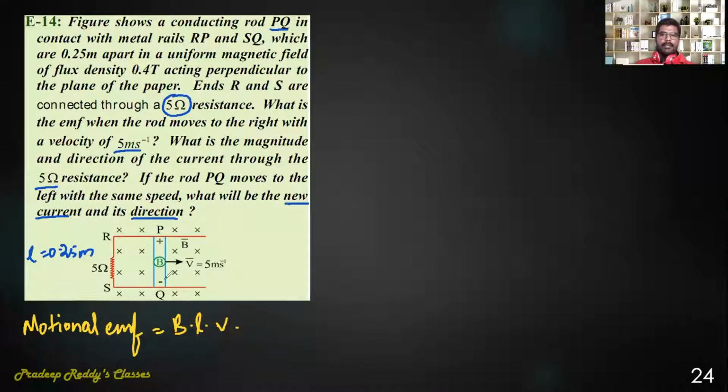Therefore, whenever the rod PQ is moving on the rail, it will produce some EMF, and that EMF produced over here will be acting as a battery for the circuit. Therefore, you can redraw this circuit like this. Okay, this is some EMF induced over there, and a 5 ohm resistance connected over there. Now the current produced within this can be found by using Fleming's right hand rule.